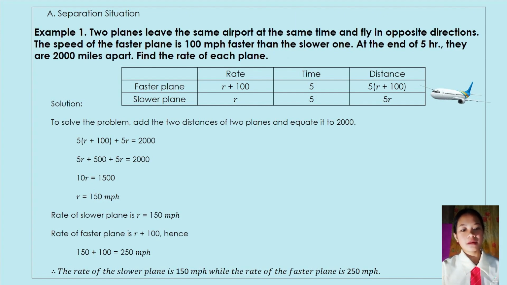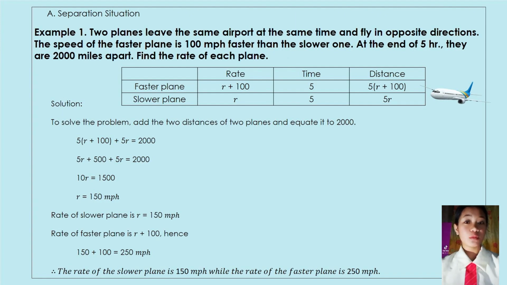Okay, 5 multiplied by r plus 100, plus 5r, is equal to 2000. Multiply 5 times r, which is 5r, and 5 times 100, which is 500. Copy the 5r and equals 2000.